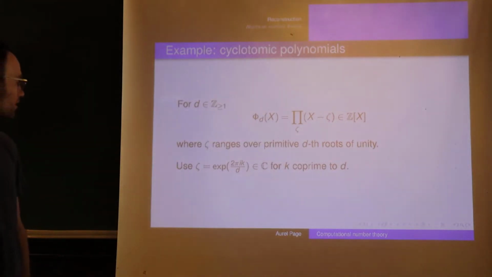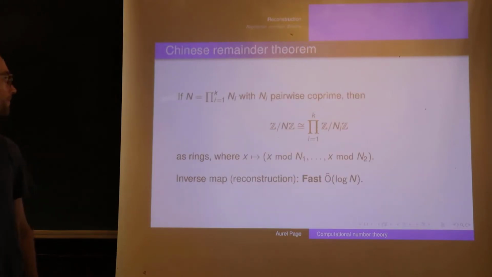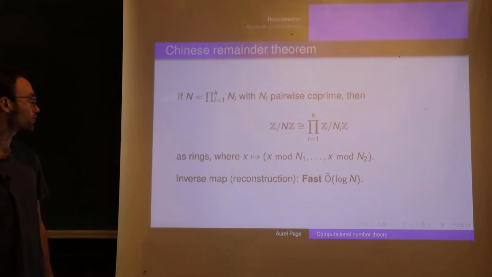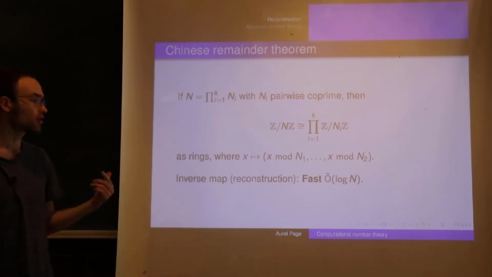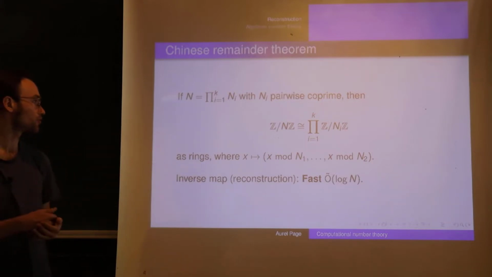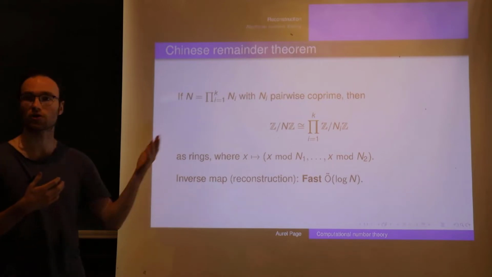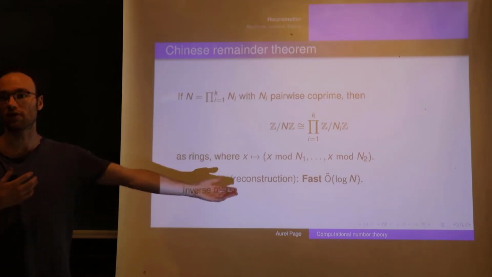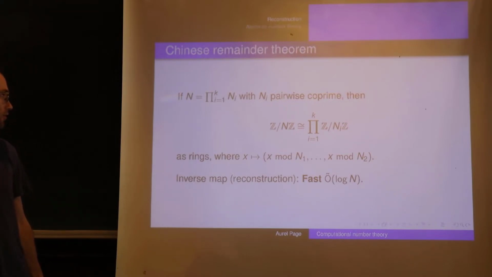Okay, so I want to give you a few more reconstruction techniques. The first one is simply, well, we talked about reconstructing integers from the integer modulo n, but very often it's actually even more convenient not to work modulo n, but modulo several integers that are even smaller. And so why can you do that?